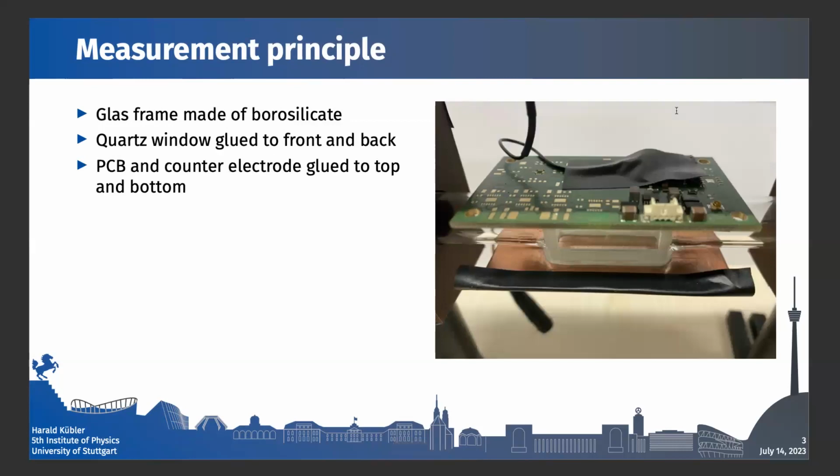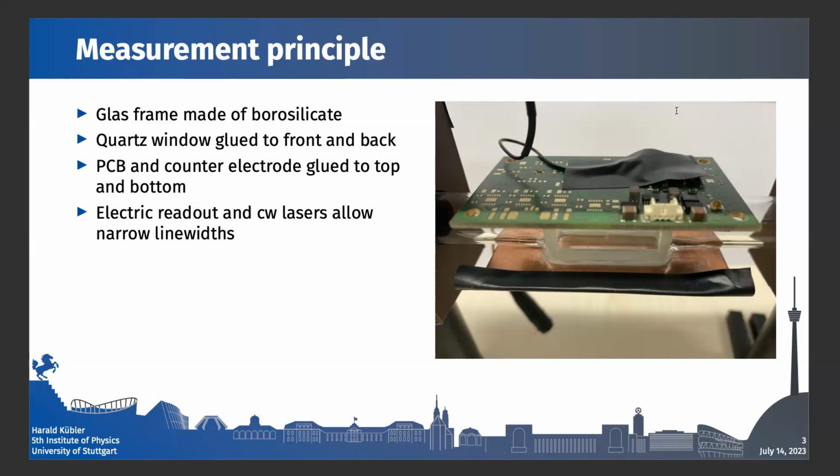We've got a PCB board on top. There are amplifiers, there's a lot of electronics on top. And we've got a counter electrode on the bottom side. Also, we are working with CW lasers. We can get narrow linewidths in there, though we still have partially a Doppler problem. It's not Doppler free. We only have a reduced Doppler width in the whole signal.